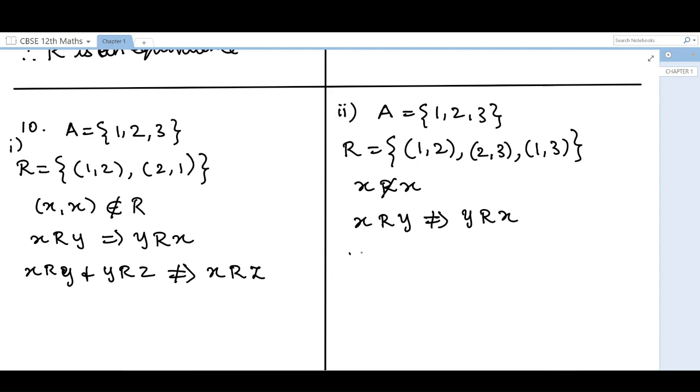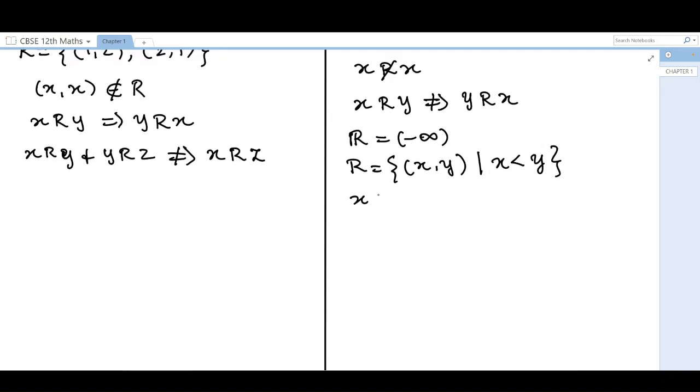We can also consider one more example, the set to be set of all real numbers, where the relation R is consisting of ordered pairs x, y such that x is strictly less than y. So, if you take an element x, then we cannot say x is strictly less than x. Therefore, this is not reflexive, and if you take x less than y, we cannot say this implies y is less than x.